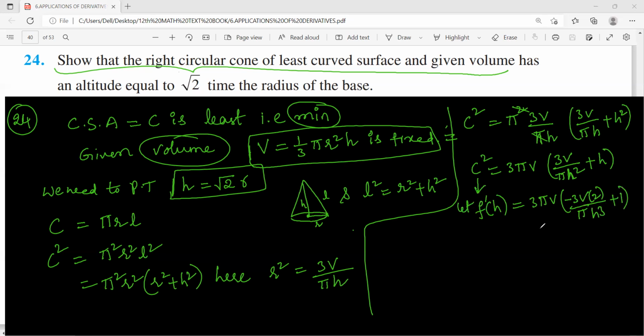This you have to equate to 0. So f dash of h equals 0 implies minus 6V by pi h cube plus 1 is 0.